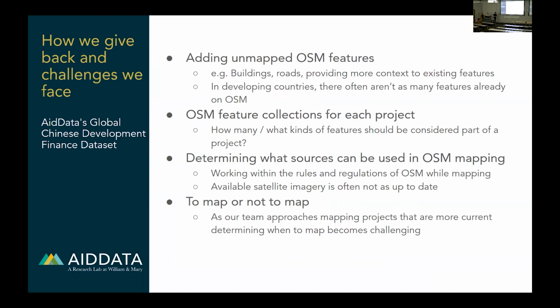It'll be things like hospitals, schools, and roads, and other pieces of information that maybe no one in those areas has taken the time or has the ability to map. Additionally, in already developed parts of the world where there's a lot of OSM information, what we're able to do is bring the sources and information that we have from all of the background research and apply it to OSM.